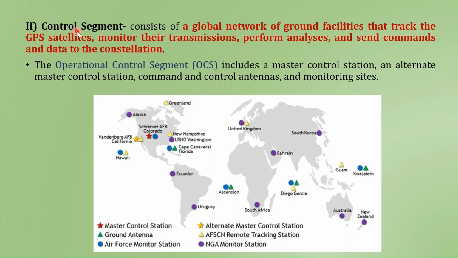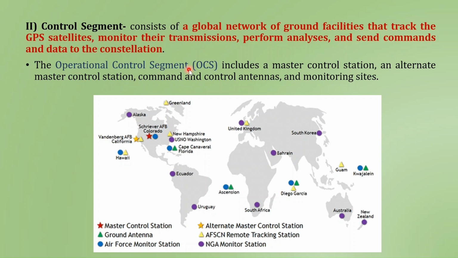Next is the control segment, which consists of the global network of ground facilities that track the GPS satellites, monitor their transmission, perform the analysis and send commands and data to the constellation.